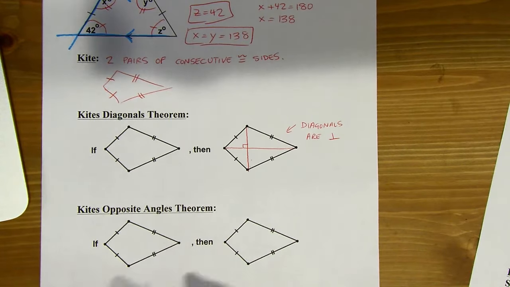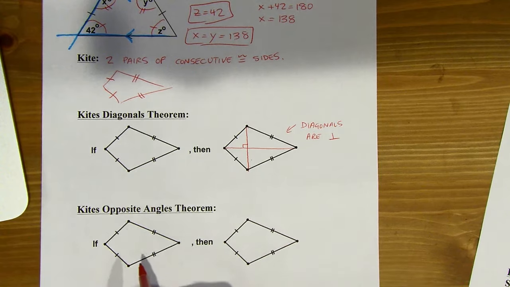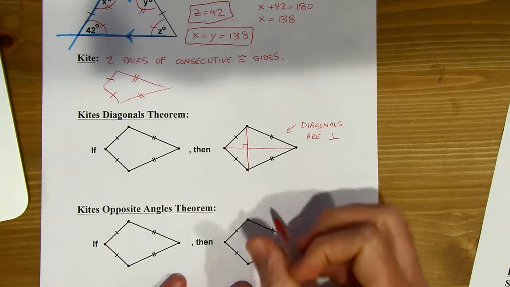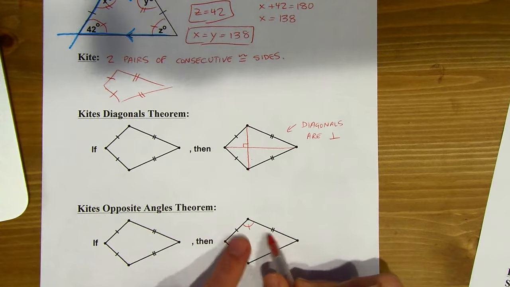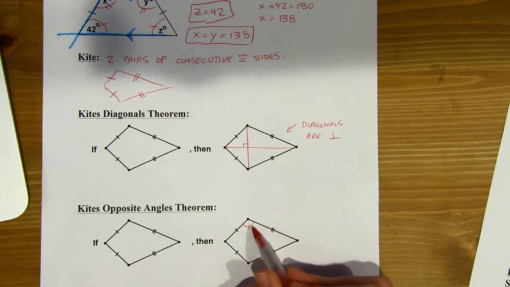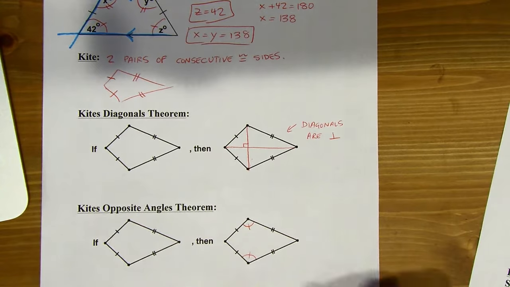Now the kites opposite angles theorem. You might think the opposite angles are going to be congruent, and that's partially true. One of the pairs of opposite angles is going to be congruent. If you connect a short piece and a long piece where those meet up, and do the same thing across from that, that pair is going to be congruent.